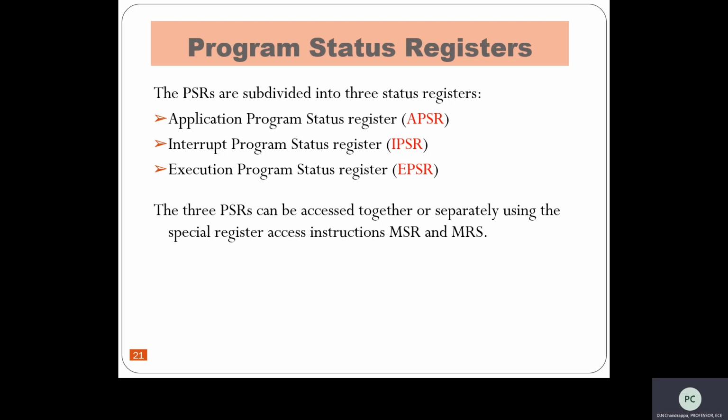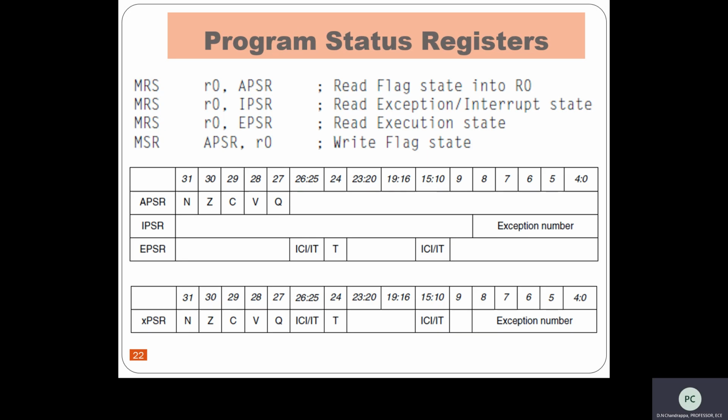So now I'll come to the bit configuration of the program status registers: application, interrupt and execution program status registers. If we club all these three together, we can represent them in a single bit configuration. Now, all of you please look here. First we highlighted 5 instructions. What are these 5 instructions? MRS means from special function register to register.